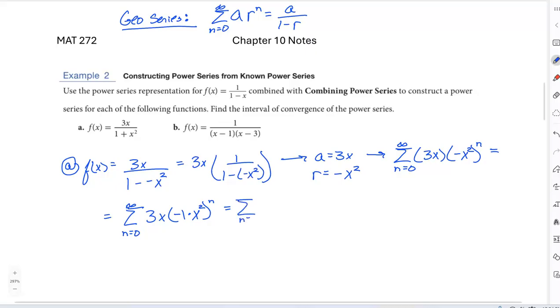And then I can rewrite that as negative 1 to the n times x squared to the n, which is x to the 2n. And notice I have an x here and an x here, so we can combine those. So we've got a 3. Oh, I forgot my sum sign. So it's the sum from n equals 0 to infinity of 3 times negative 1 to the n times x to the 2n plus 1.